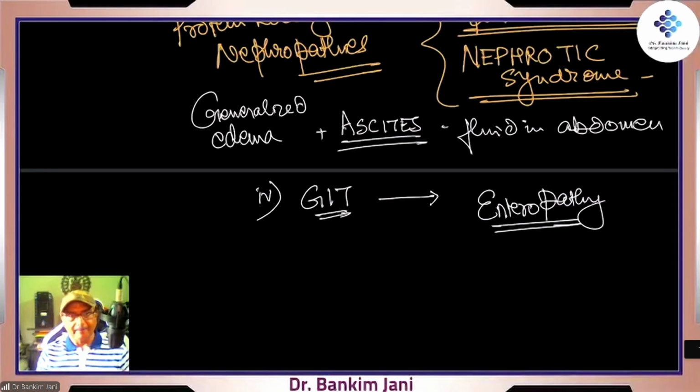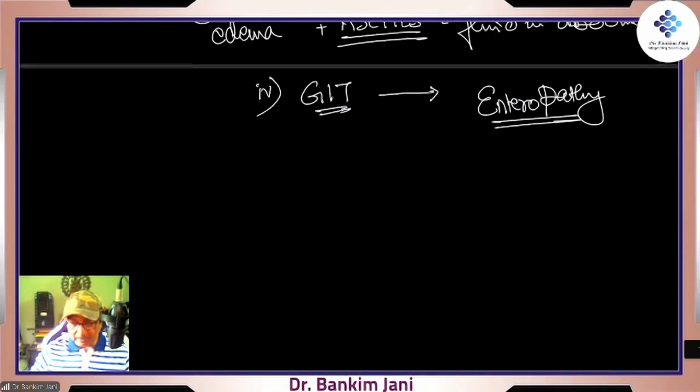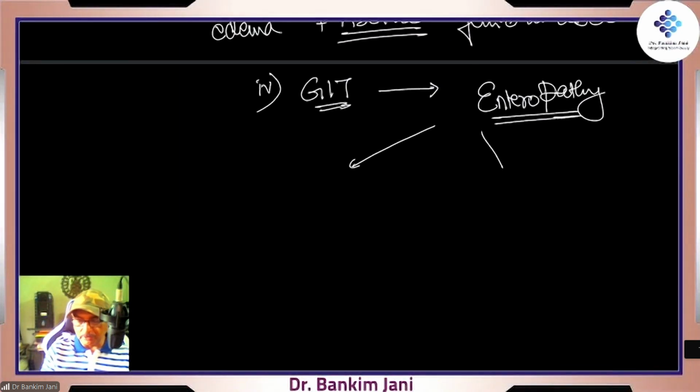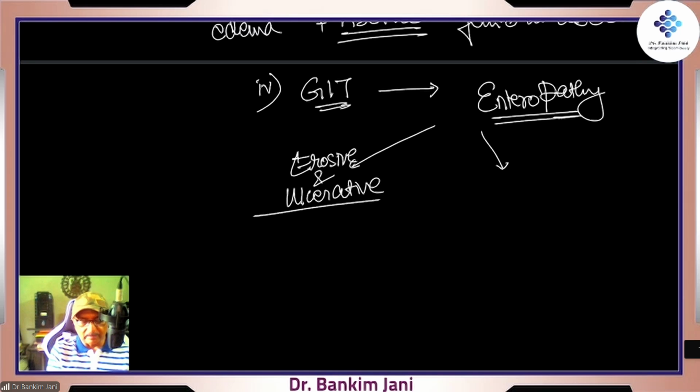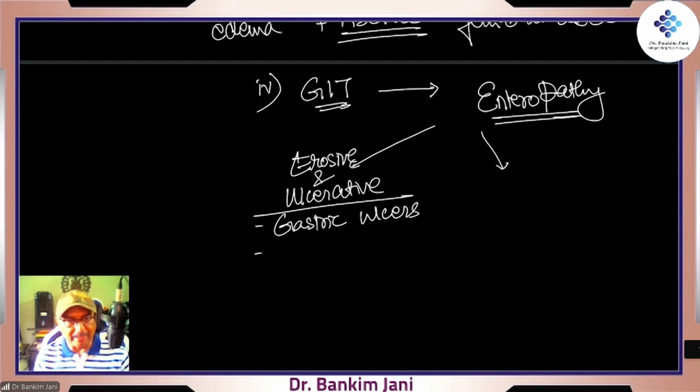In this, divide it into two parts. One, erosive and ulcerative, when there is extensive damage. For example, gastric ulcers. Whenever there is so much inflammation, the absorption is badly affected.